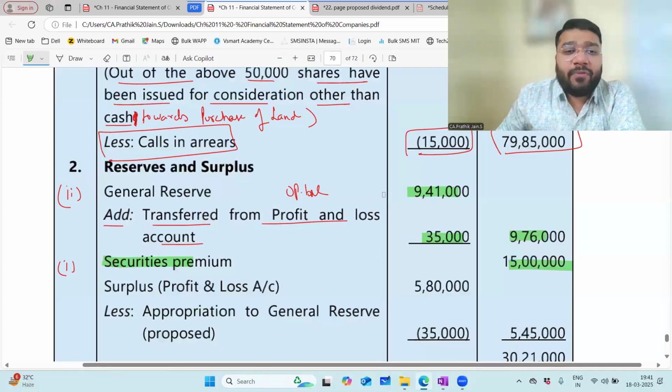Opening balance of general reserve 941, add transferred from P&L 35,000. So total 976 in the outer column.